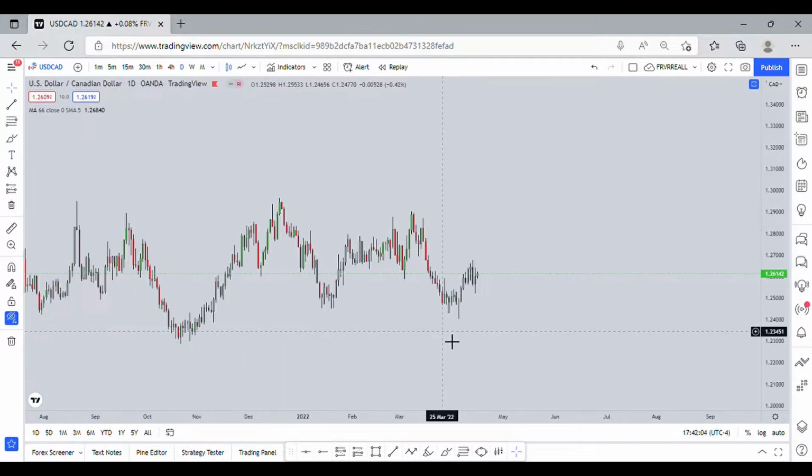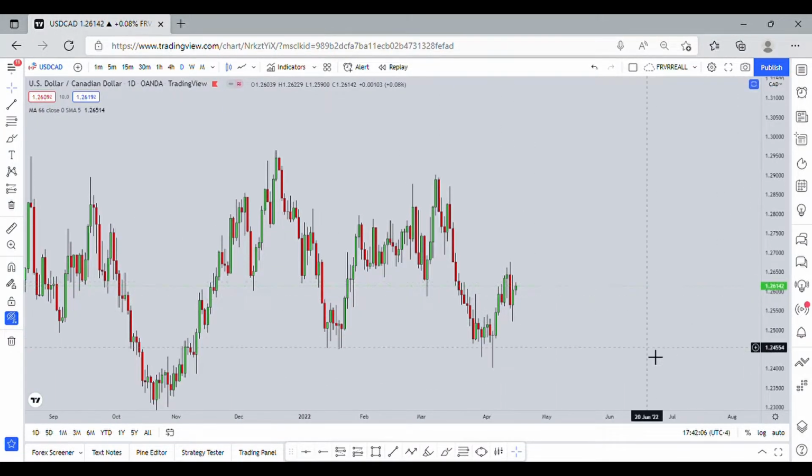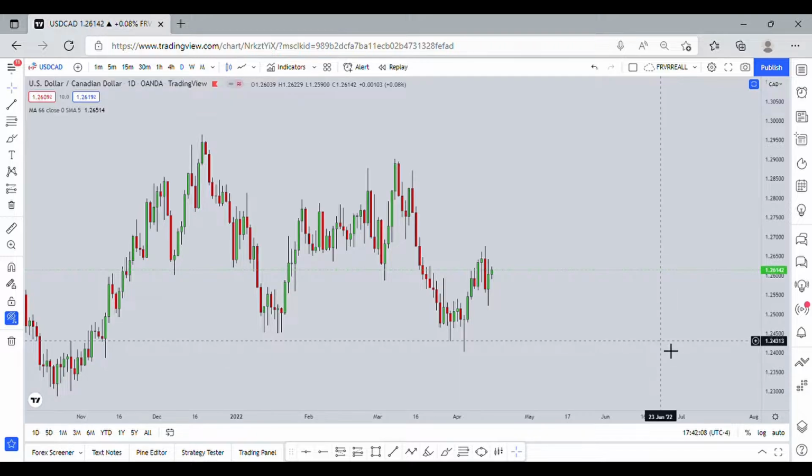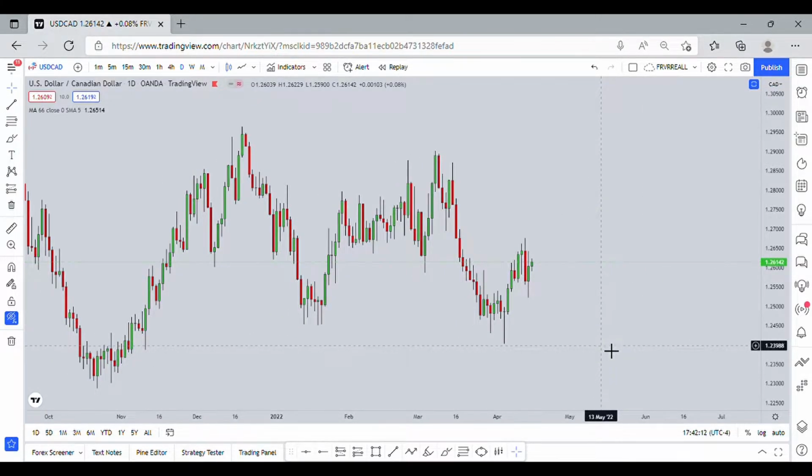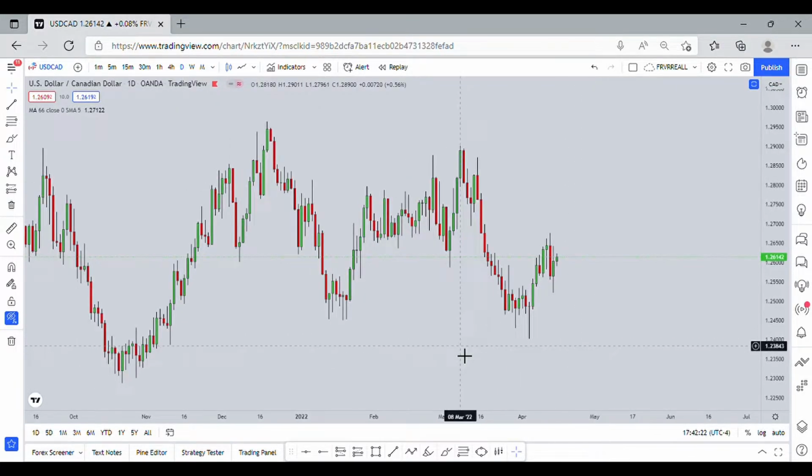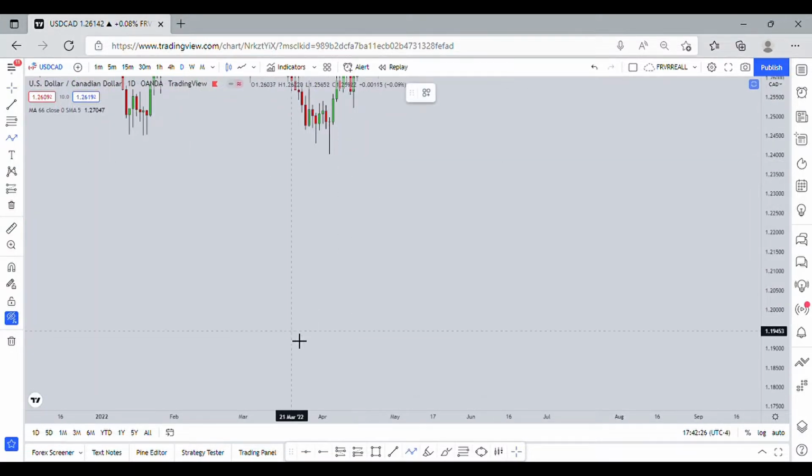So we'll go ahead and look at what a trend consists of. A trend simply consists of an impulsive move, then a retracement. So price first moves higher or lower, any of the two.